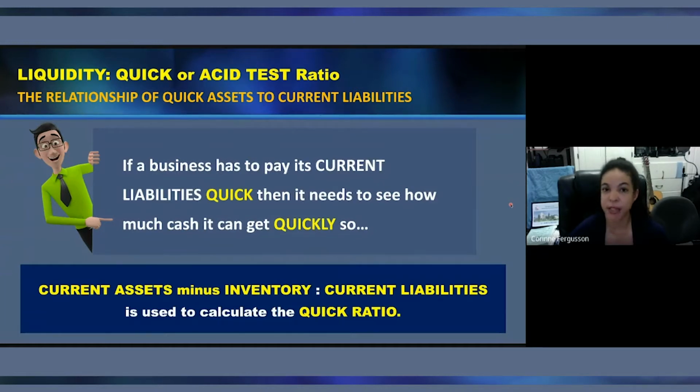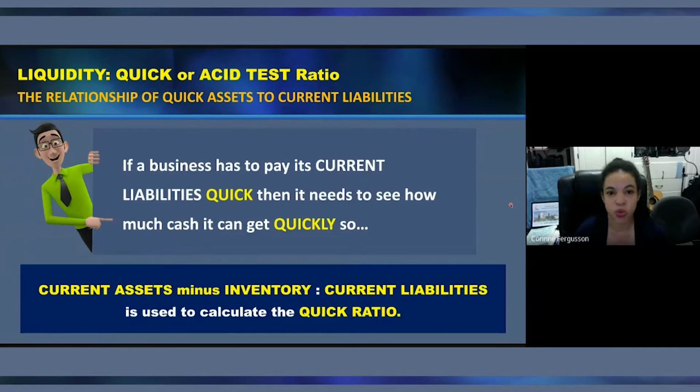You still have to find buyers, customers for it. So to get a better idea of the assets that are very quickly converted into liquid cash, you would take away the inventory, because inventory is the most difficult to convert.